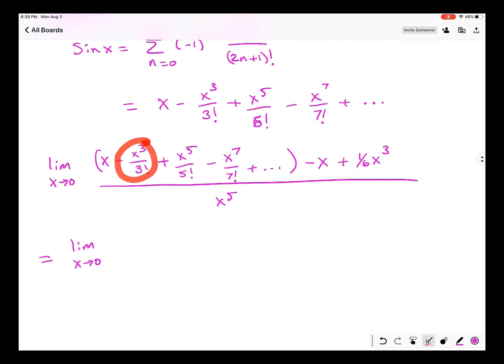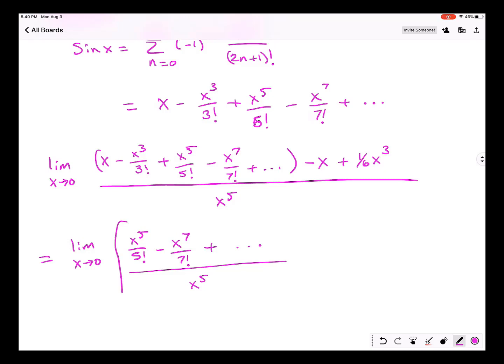So these, when I add them together, will become 0. And that will leave me with the limit as x approaches 0 of x to the 5th over 5 factorial minus x to the 7th over 7 factorial plus dot dot dot, and all of that is being divided by x to the 5th.